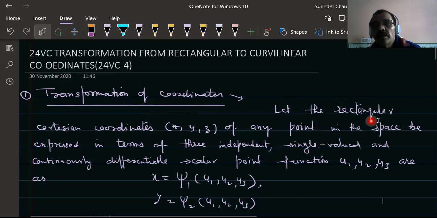Let the rectangular Cartesian coordinates of any point P, x, y, z in space, be expressed in terms of three independent, single-valued, and continuously differentiable scalar point functions u1, u2, u3.